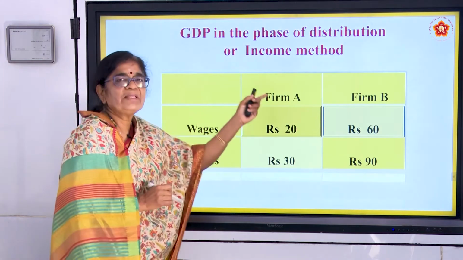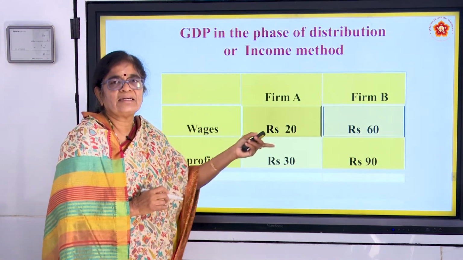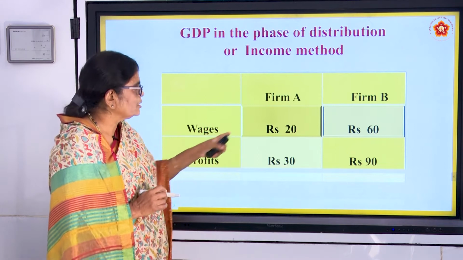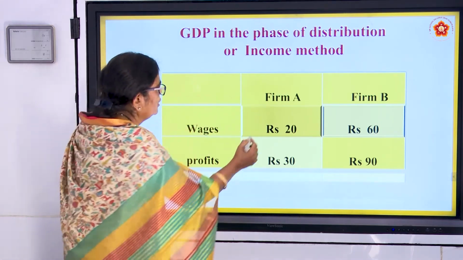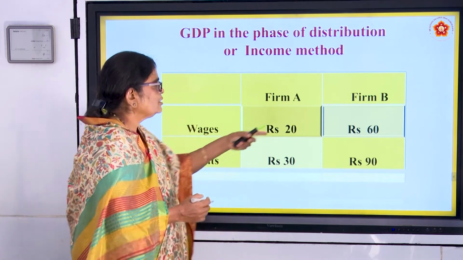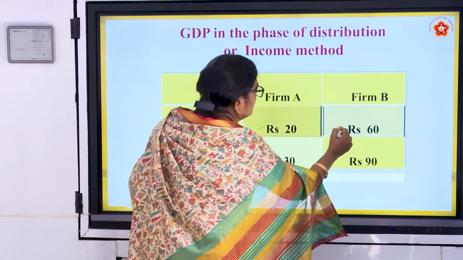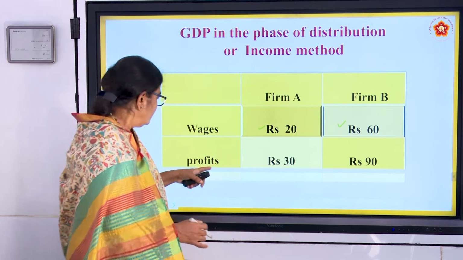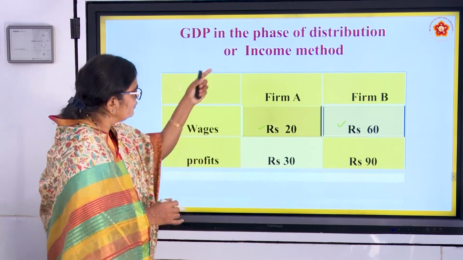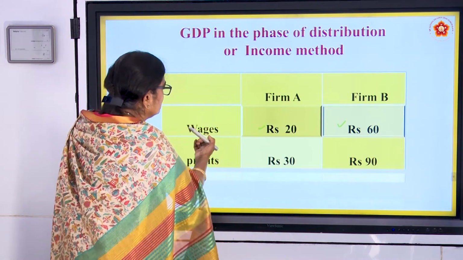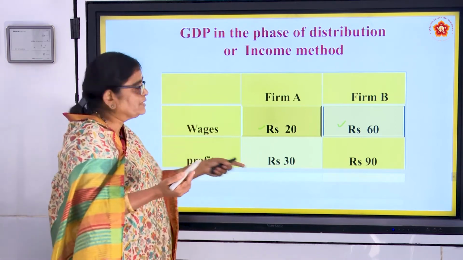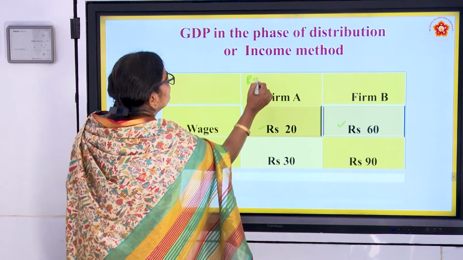And that same data of the sum we can express in the form of a table. Wages of firm A, how much? Rupees 20. Wages of firm B, rupees 60. If we take firm A alone, its income is rupees 50.